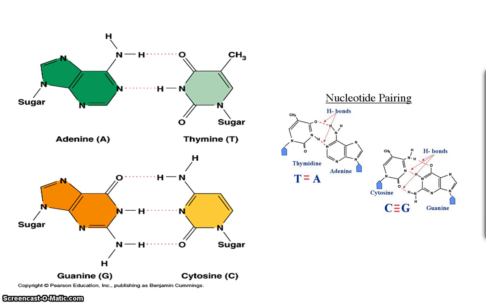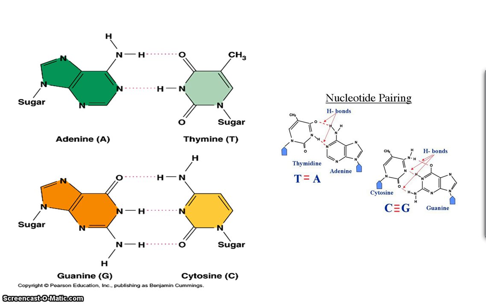Now, why are they complementary? If we look at this, we can see that adenine will always only pair with thymine. And the reason for that is it forms 2 hydrogen bonds, and guanine only forms with cytosine, and it has 3 hydrogen bonds. They go together.